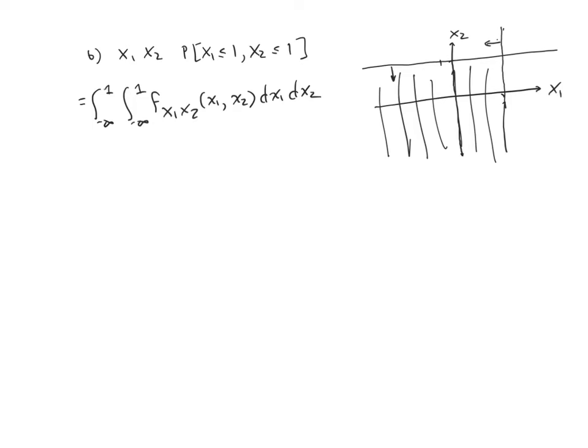So this expression of x1 less than or equal to 1, x2 less than or equal to 1 is generically true for every pair of random variables x1 and x2.